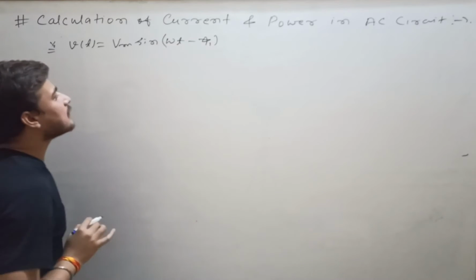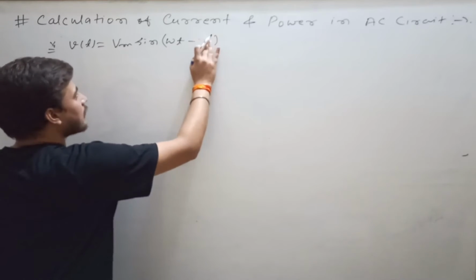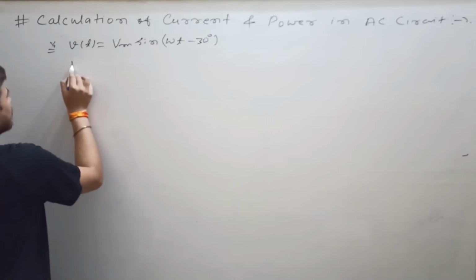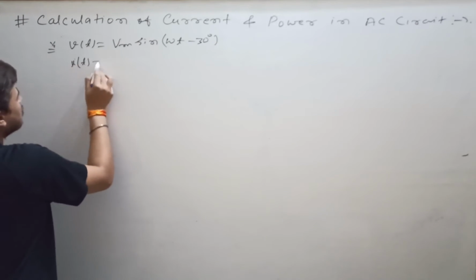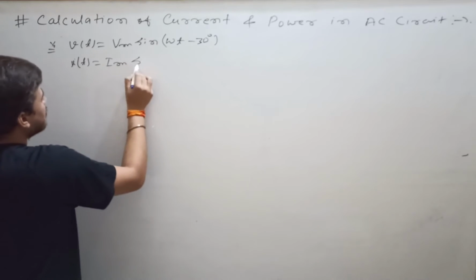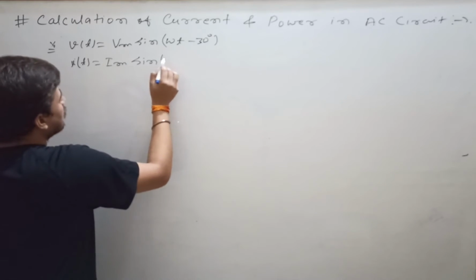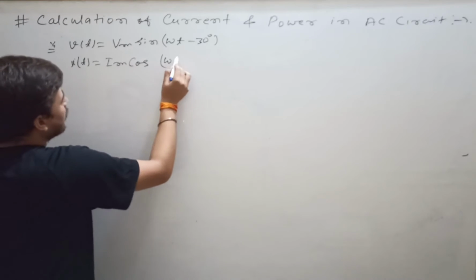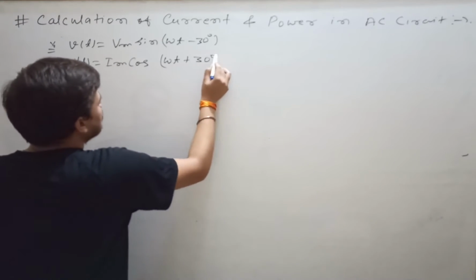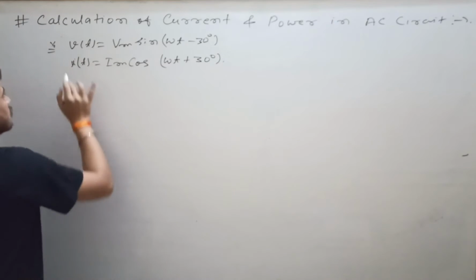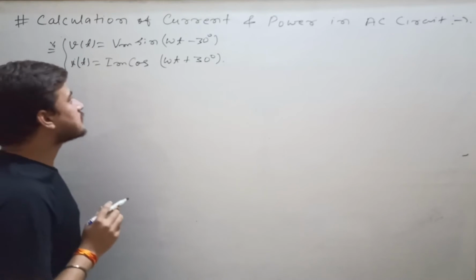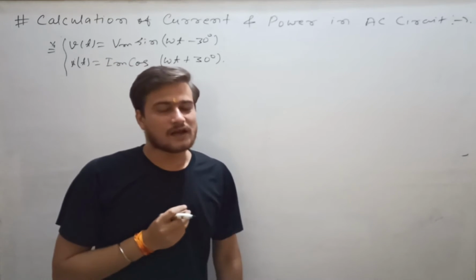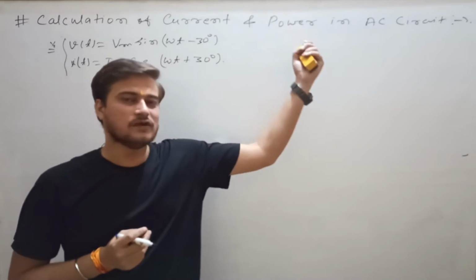Suppose phi 1 is simply 30 degree, and they have given It equal to Im cos omega t plus 30 degree. Clear?